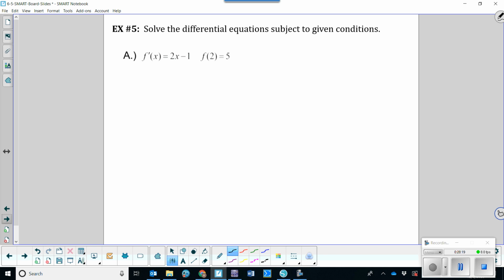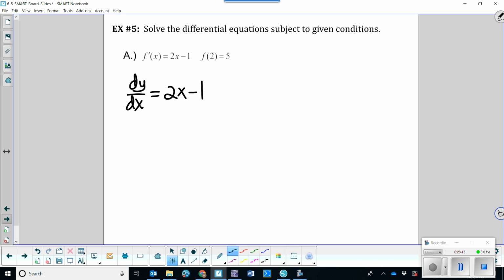So instead of writing f prime of x, we're going to write dy dx equals 2x minus 1. Okay, so this is again what we call a differential equation. The one and only way we're going to learn in this calculus class to solve those is by what we call separation of variables.